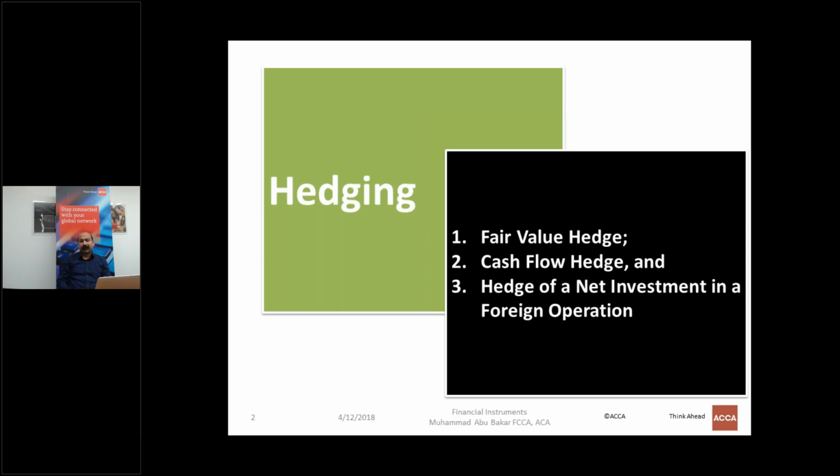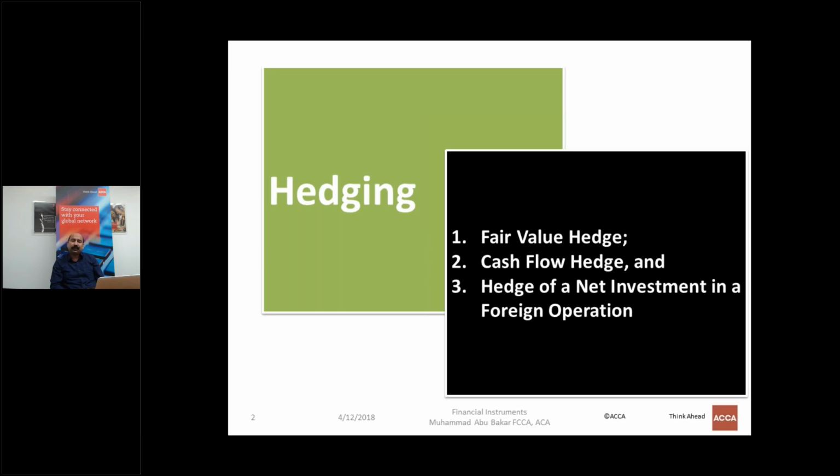But our discussion is based basically on two things. Number one, we may need hedging techniques for various types of transactions. So where will that hedge be classified as a fair value hedge, and where will that hedge be classified as a cash flow hedge?